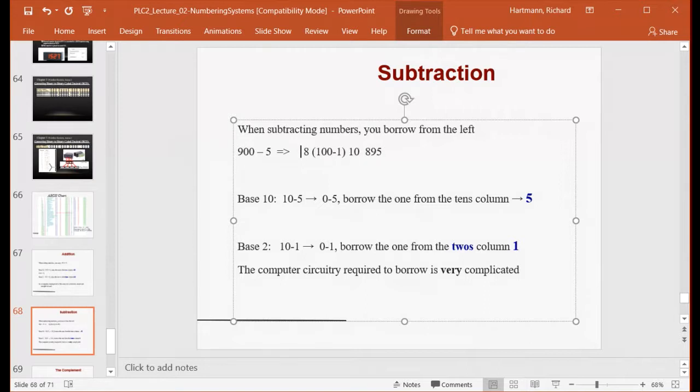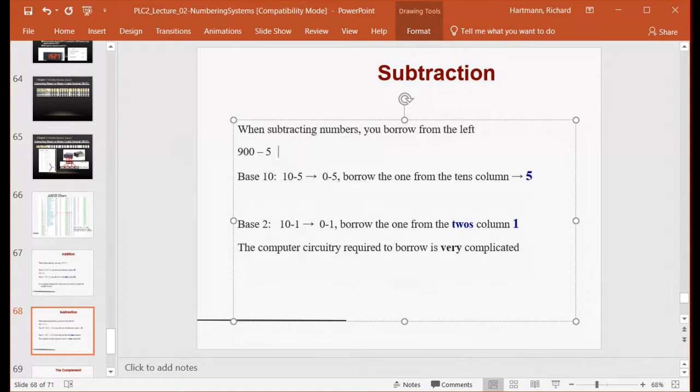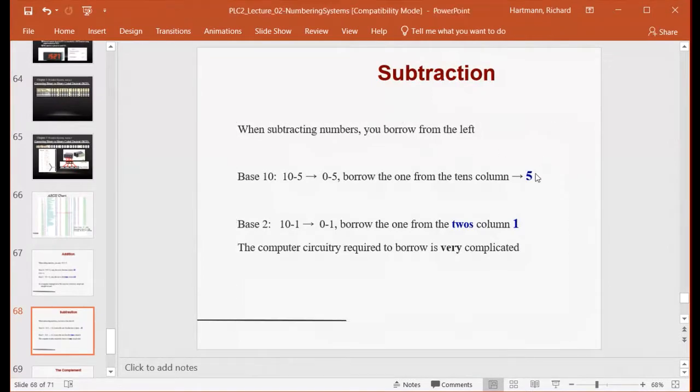But all this, I have to keep track of who I'm borrowing from and who didn't have anything to borrow from, and that was just with 3 characters. If you take this out to 64, it gets insane. Anybody ever try to subtract a 64-digit value from another value? It's crazy.